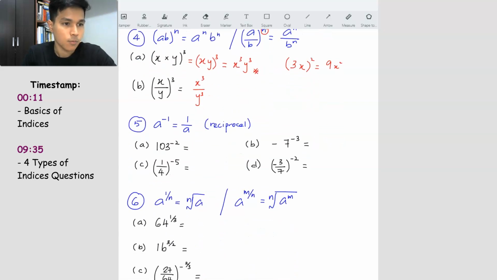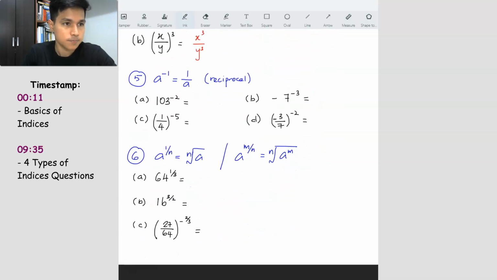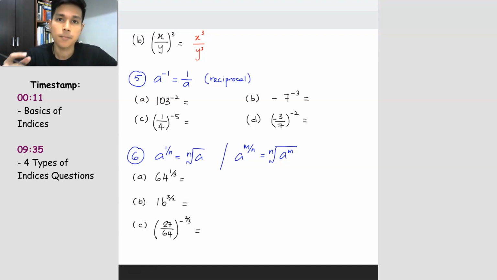Next, what if you see a negative 1? Now the power is negative 1. Negative power is actually very easy. Whenever there is a negative power, you just bring whatever value it is to the bottom. That's it. For example, let's say you got 3 power negative 2.